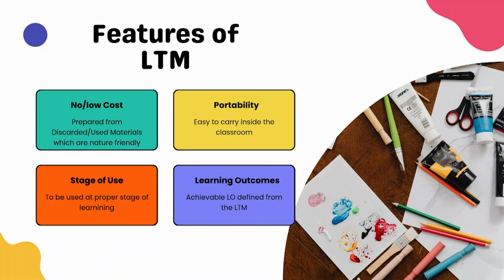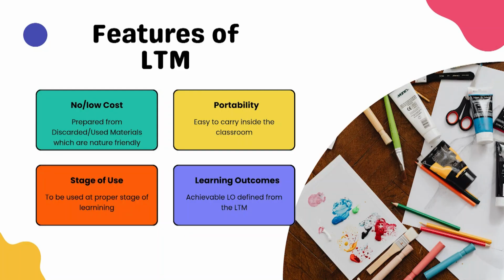The second feature of a good LTM is portability. The LTM should also be learner friendly, age and level appropriate, and easy to be carried and used. An extensive working model cannot be carried inside a classroom and is rarely used. On the other hand, a small working model can be easily carried inside the classroom and used effectively.